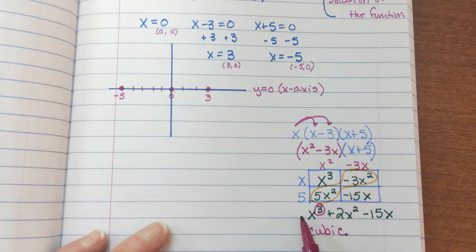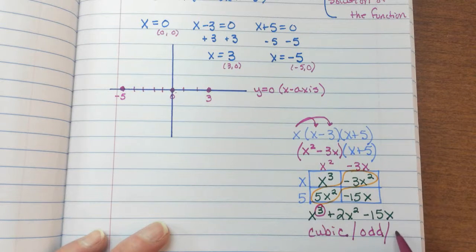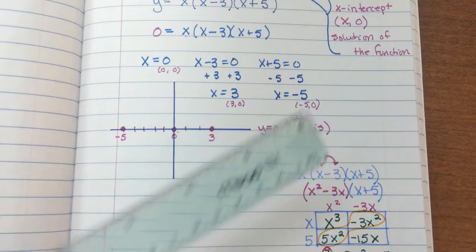And it's also odd. And it's also positive. The first term here is positive. So remember what I said about positive functions. Positive functions have something like a positive slope.